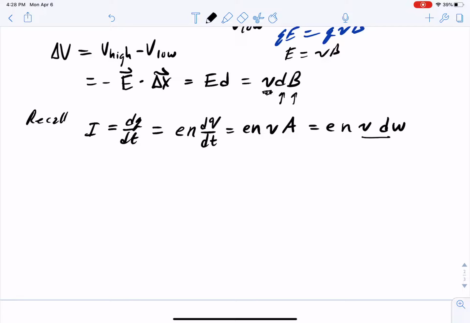So rewriting this, we find that the voltage difference is the current, once we solve this for V times D, dividing both sides by the charge per particle, the particle density, and the width.